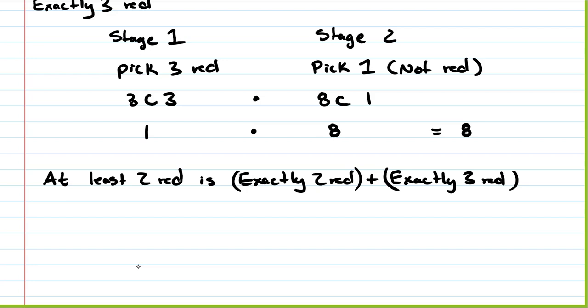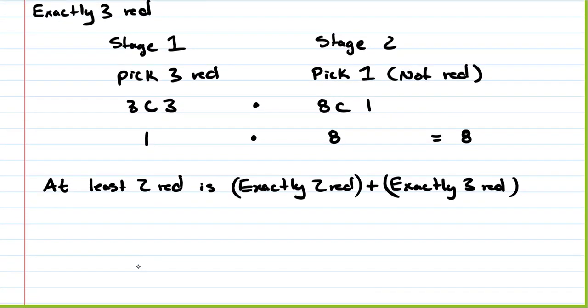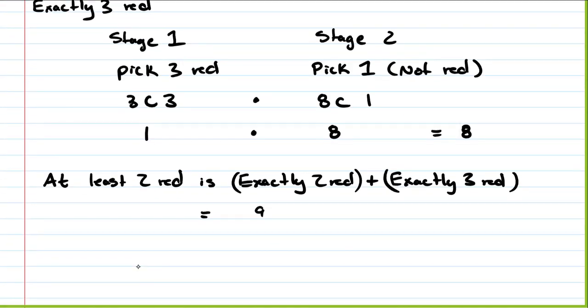So using the addition principle this time, to find the at least 2 red, we found the number of ways to get exactly 2 and the number of ways to get exactly 3, and then we add them up, and that will give us 84 plus 8, which is 92. So there are 92 possible ways to get at least 2 red marbles. Whew. All right.